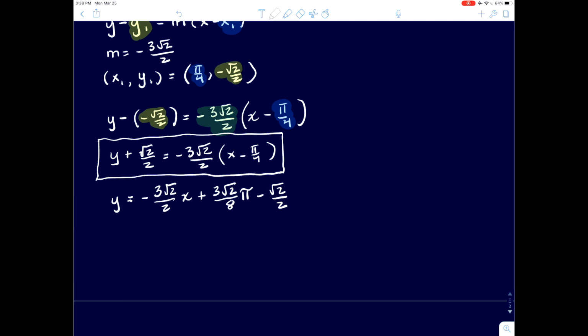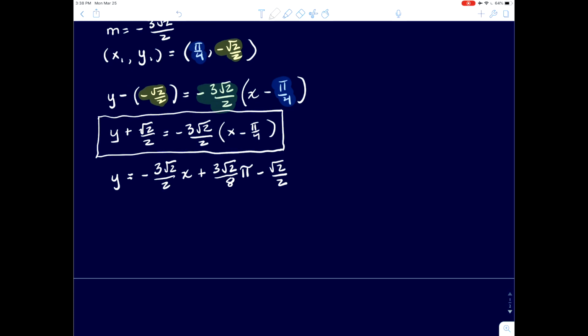Okay? So just a note, if you're working without rationalizing the denominators, then it would change a little bit. You would have negative 3 over root 2 times x, and then plus, okay, so when you rationalize your numerator in the second term, what will happen is you'll have 3 times 2 times pi over 8 root 2.